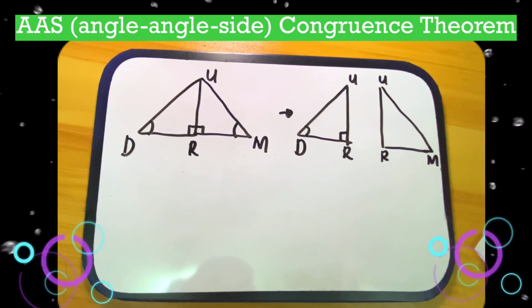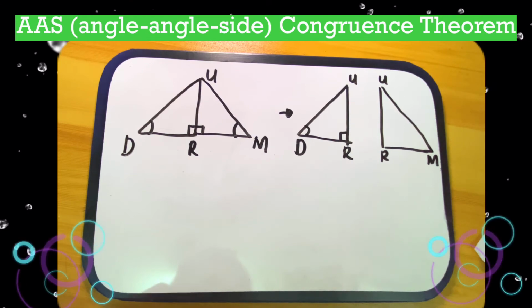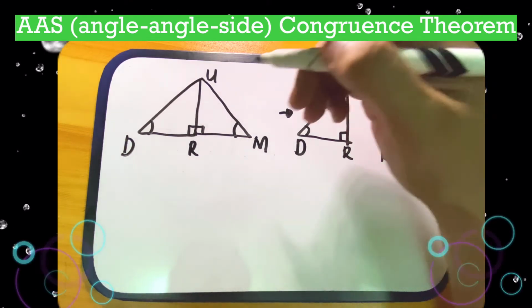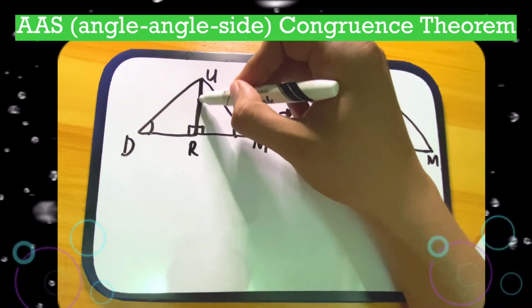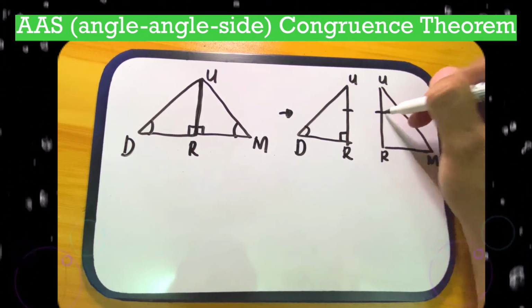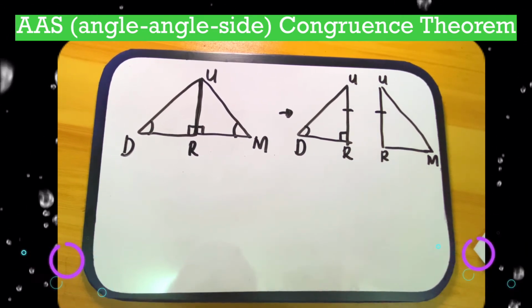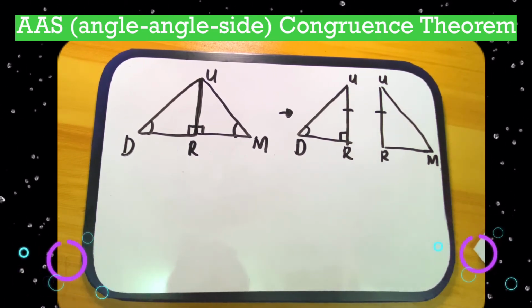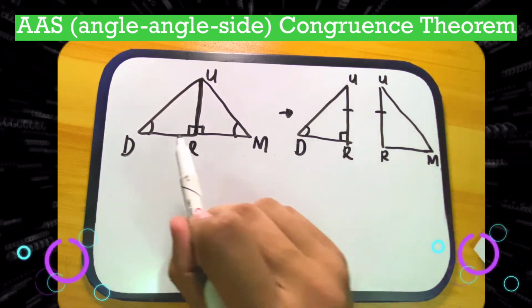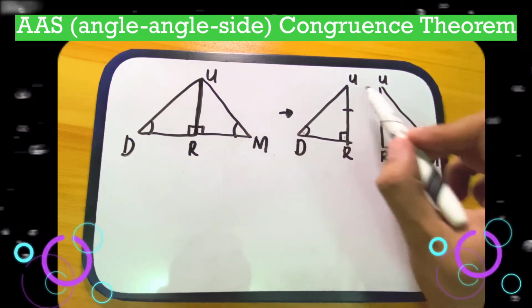If you notice, I don't have the markings on the congruent side. Based on the figure, this side here is the common side. Therefore, UR and UR are congruent, automatically. Then we have the two angles, and the side.